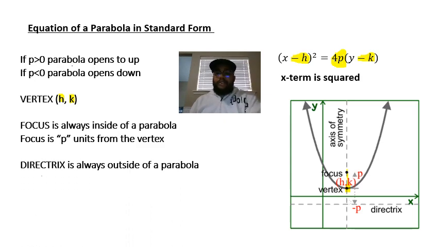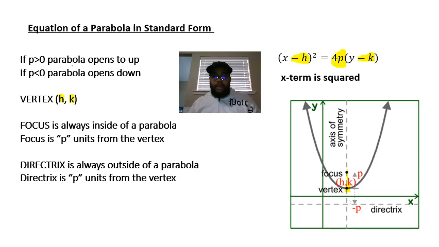Now the directrix is in the opposite direction, but it's a line. It's p units from the vertex going the opposite direction. So if p is positive, you go up to get the focus, but then you're going to go down to get that line. Since it's a line, it's going to be y equals something. Horizontal lines are y equals.